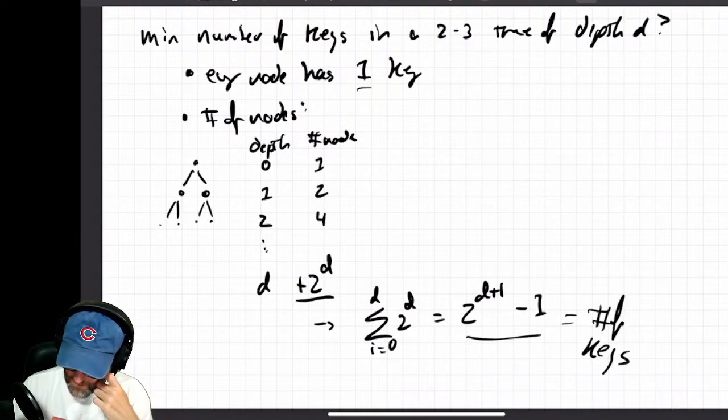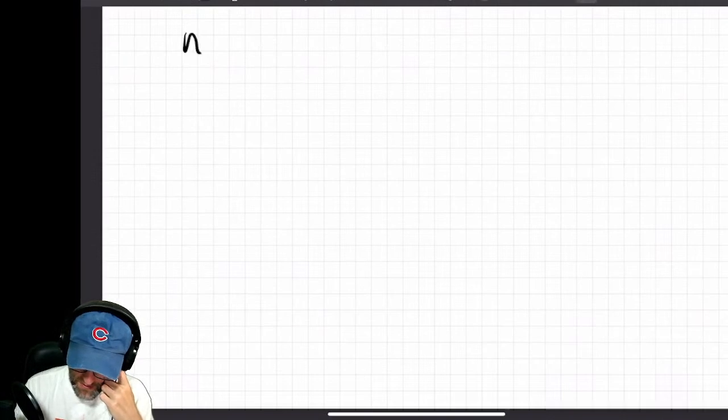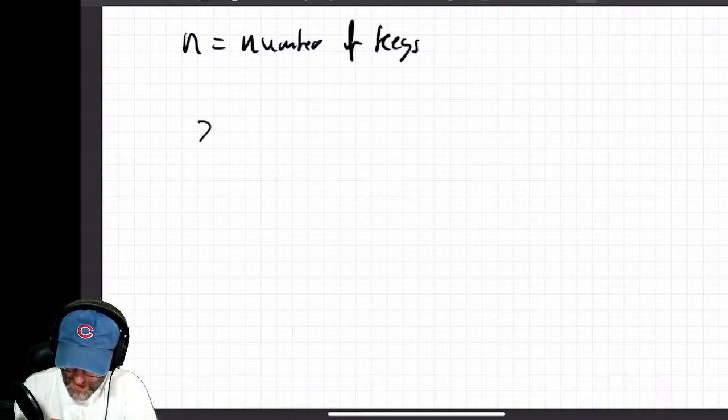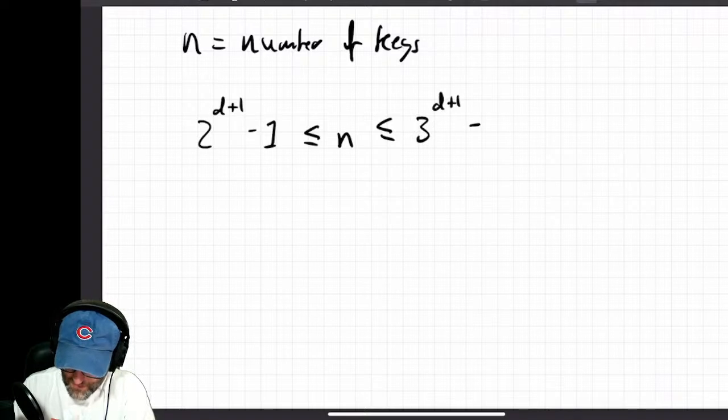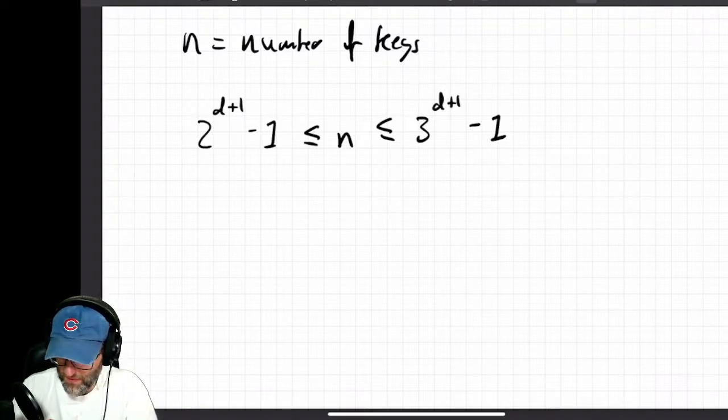So n, being the number of keys, is bounded below by 2 to the D plus 1 minus 1 and above by 3 to the D plus 1 minus 1, right? Or thereabouts, so we can go ahead and take off one on each side.